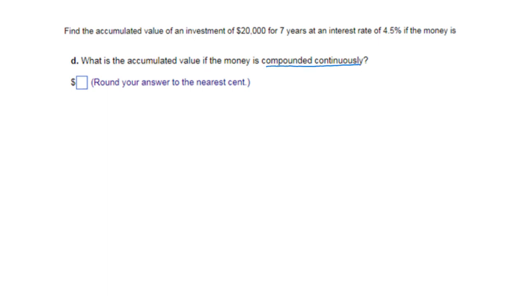So whenever you see the word continuously, you need to grab the correct formula, which is A is equal to your principal times e raised to the rt. Once again, 20,000 is P, 7 years is T, and the interest rate in decimal form, 45 thousandths, is r.